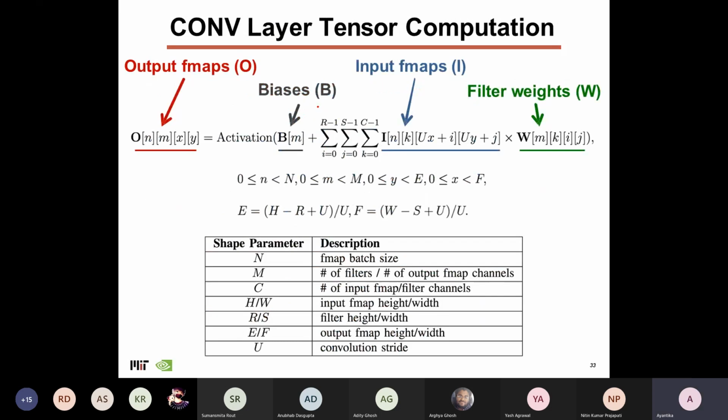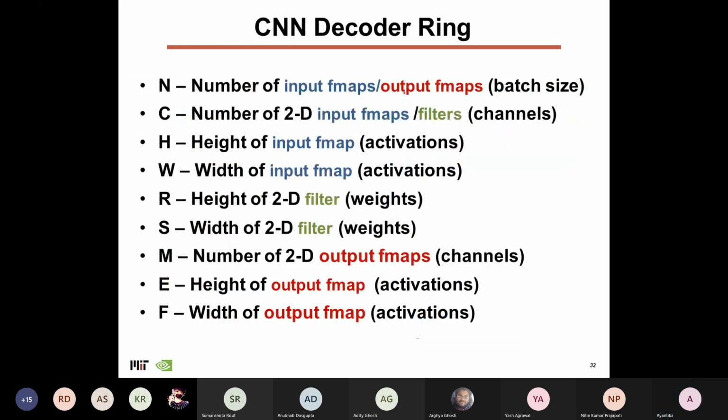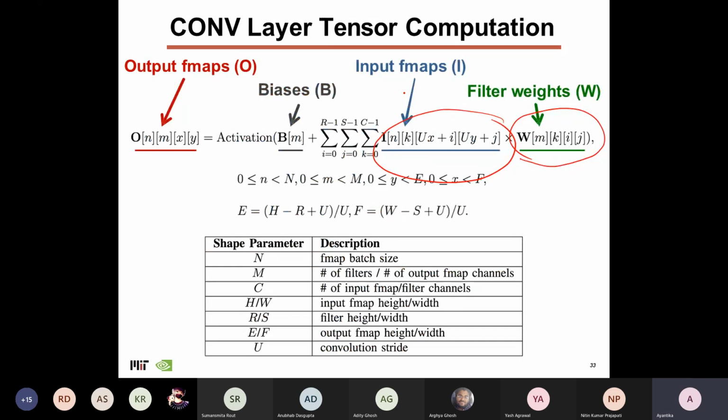So now I think you can understand, whenever we are generating the output feature map, we are doing the same thing we discussed before. We are multiplying some weights with some input values. But this time the complexity is in the indices.